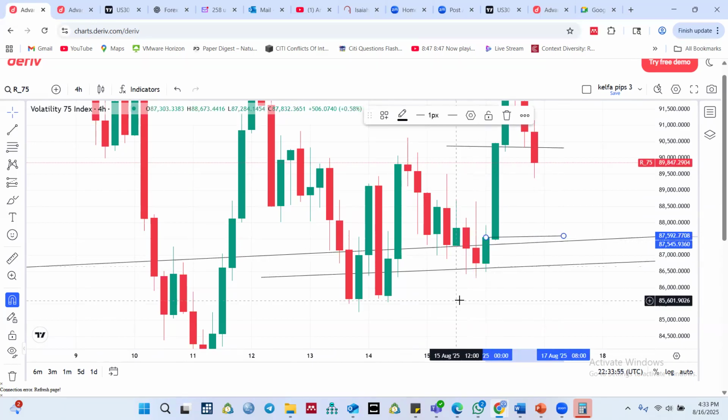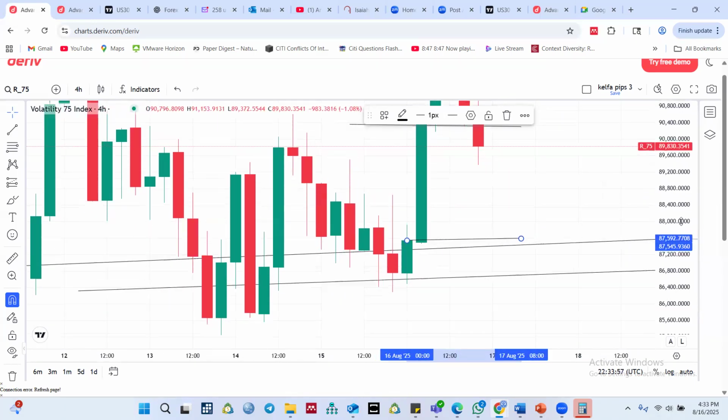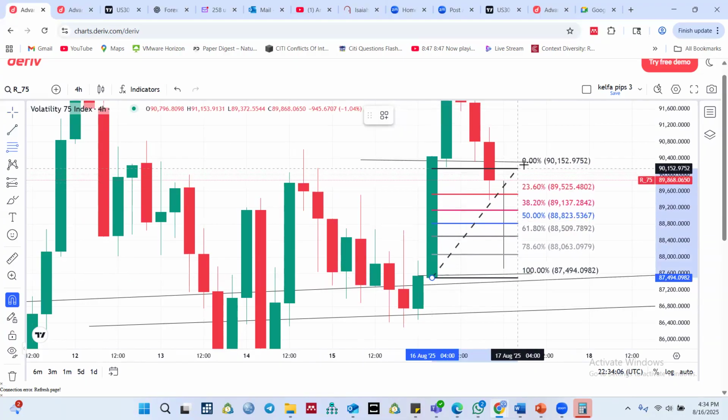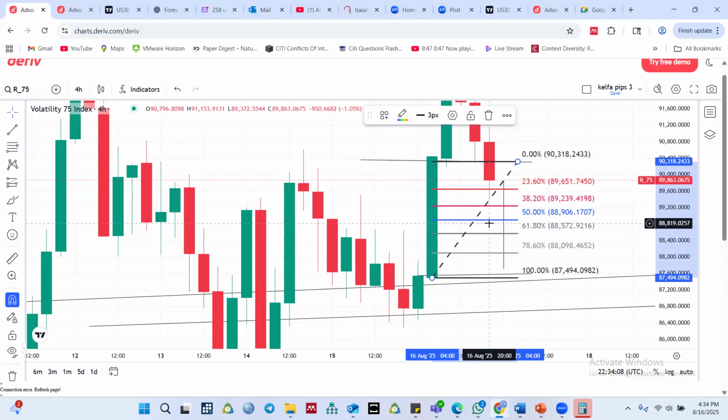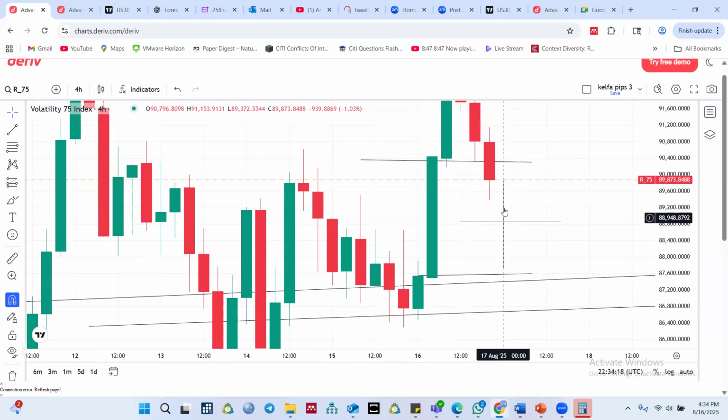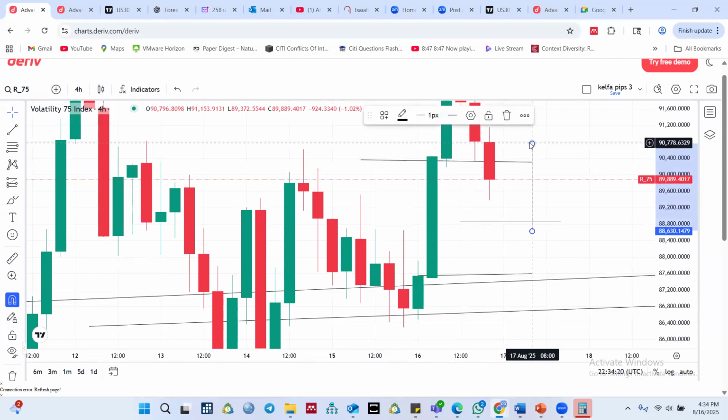So we can expect a full fill, or we can expect what ICT calls consequent encroachment, half of the big fair value gap, that is around 50% here, to go bullish this way.